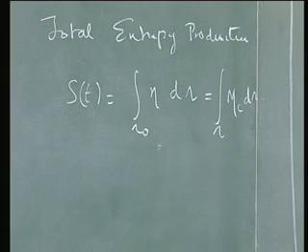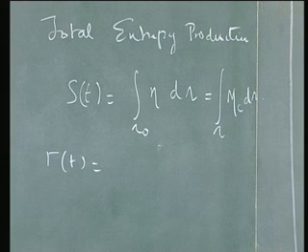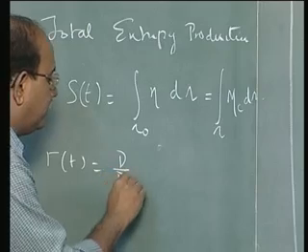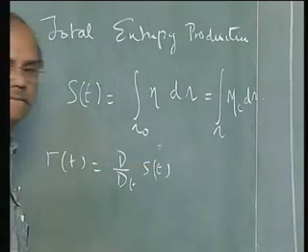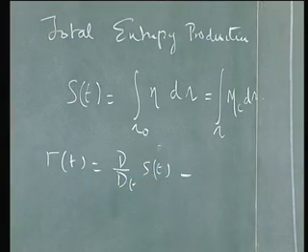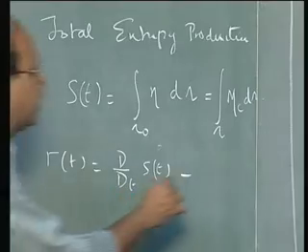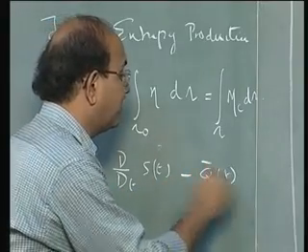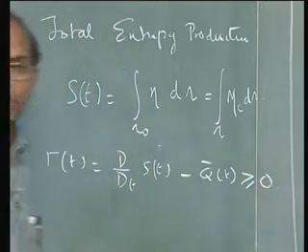So the total entropy production, which I would indicate as gamma T, is equal to d by dt of S T minus whatever has been input into the system, that is Q bar T, which is, look at this very carefully, greater than or equal to 0.